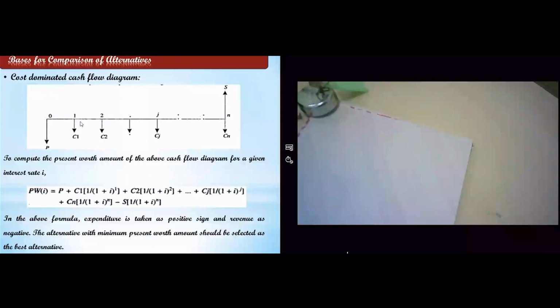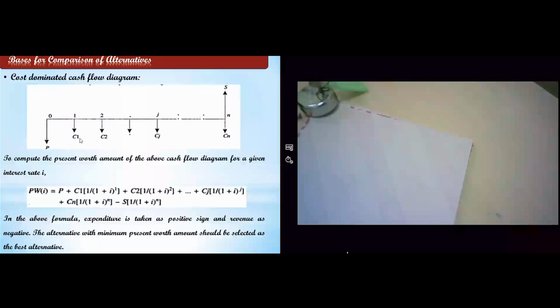For the cost component C1, which is at year 1, to calculate its present worth, we have to use the single payment method, because the cost components from year 1 to year n are different. That is why they have mentioned C1, C2, Cj and Cn. That means these cost component values are different and it is not an annuity. So in such cases we have to use the single payment method to calculate the value.